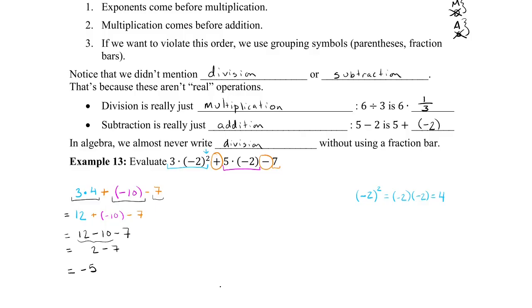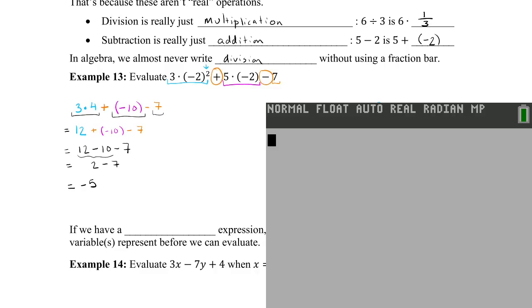Now, if you're not super comfortable with the arithmetic of negative numbers, or you're not super comfortable with that long, tedious process, good news, we can have the calculator do this for us. Our calculator knows the order of operations, so we can just take this whole expression exactly the way we see it. To enter an exponent, we have an exponent key directly above the division key. We type in the exponent that way.